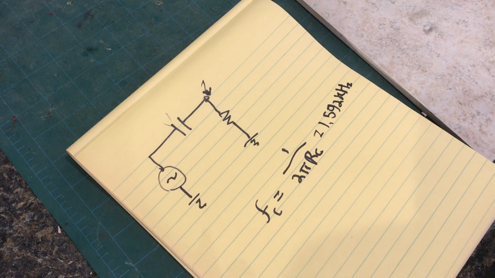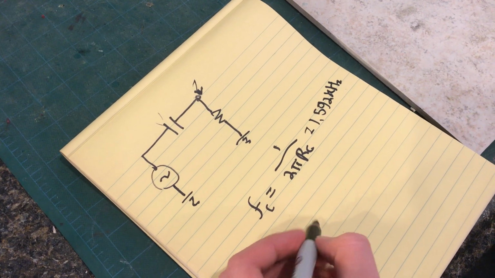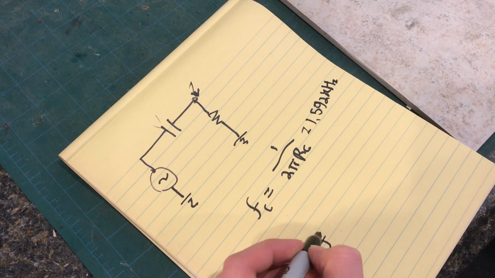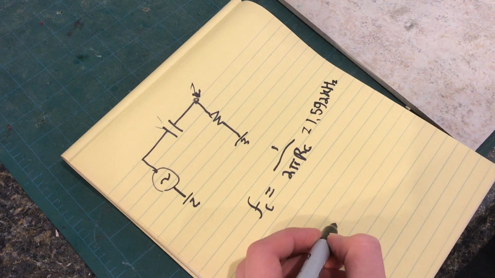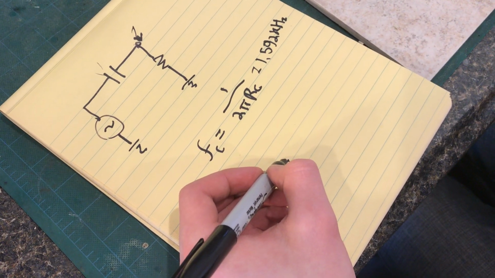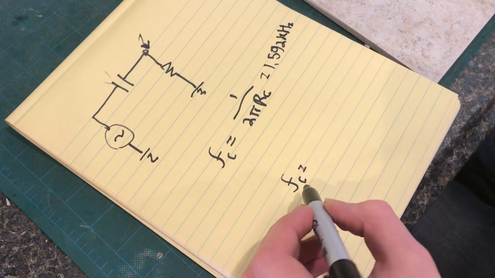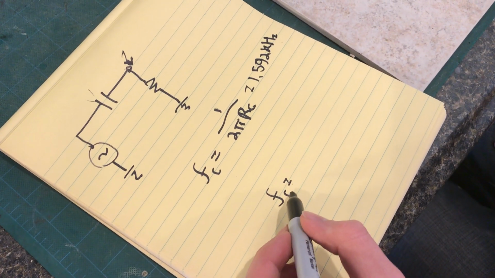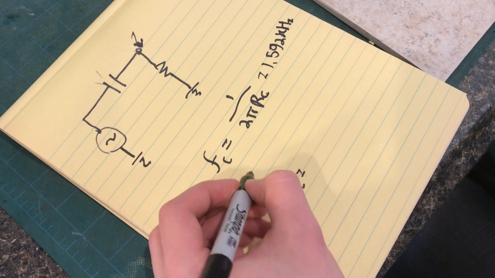So let's do another example. Let's say you knew what corner frequency you wanted, like 20 hertz.